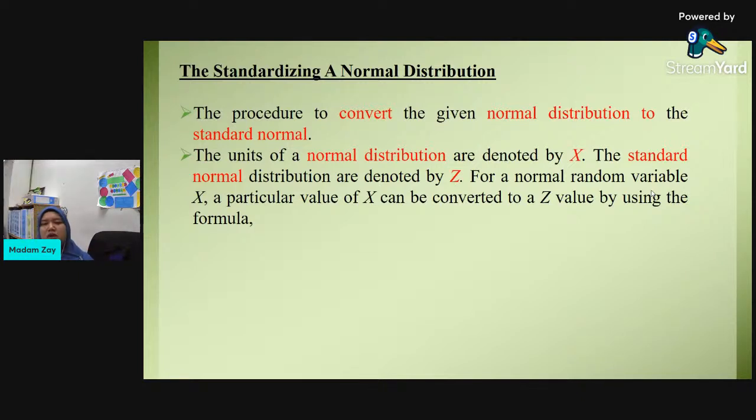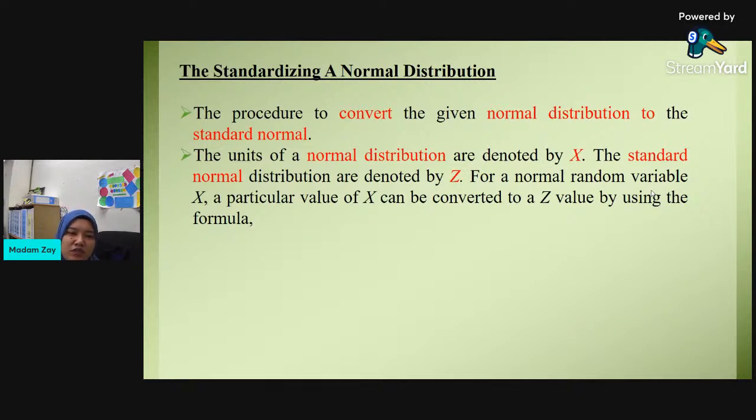Okay, kenapa? Sebab tadi kan kita ada satu table je. Table kita hanya bila mean kosong, standard deviation 1. Tapi kalau normal distribution, mean boleh jadi macam-macam, standard deviation pun boleh jadi macam-macam. So, kita kena tukar yang macam-macam tu kepada kosong dan 1. So, start kita nak tukar tu, kita panggil dia sebagai standardizing a normal distribution. Standardize. Okay, nak standardkan dia.